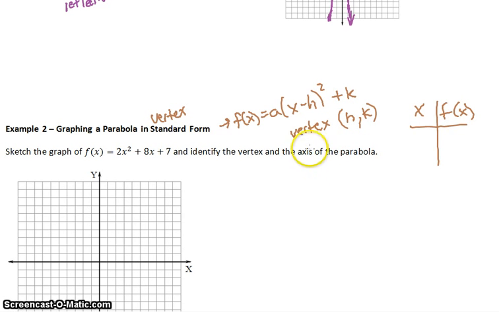Okay? And another thing you need to know is that all parabolas have what's called a symmetric axis. And this axis is going to be the line x equals h. So everything's going to be reflected across that axis.